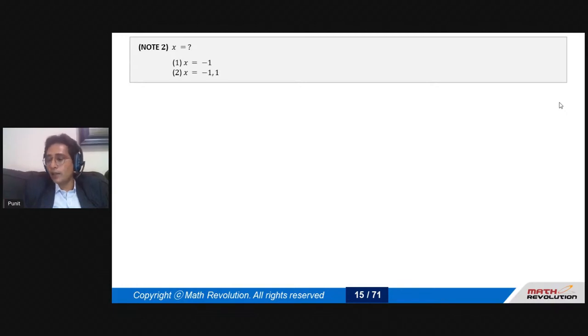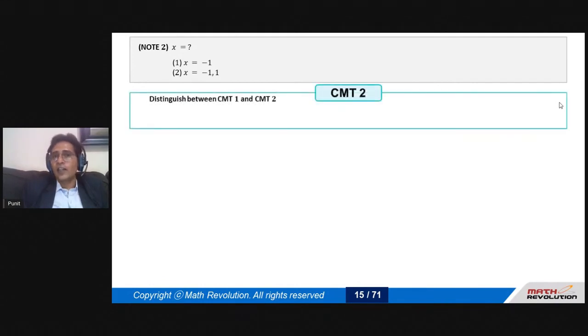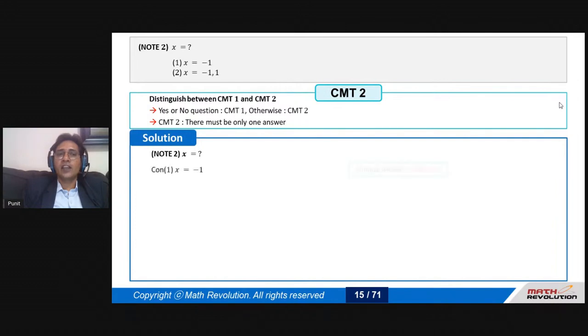X is what? Now, this question is asking us X is what? So if X is what, then I need a unique value for it. So my condition number 1 says that X is equal to minus 1. That is sufficient. But my condition number 2 says X is equal to minus 1 and 1. So I'm still undecided about what X is.